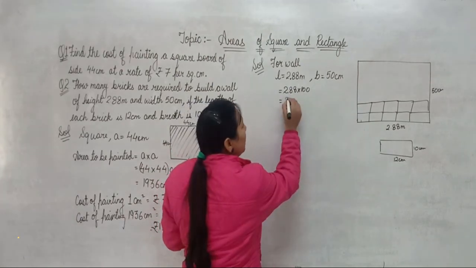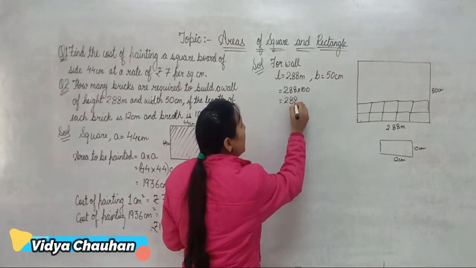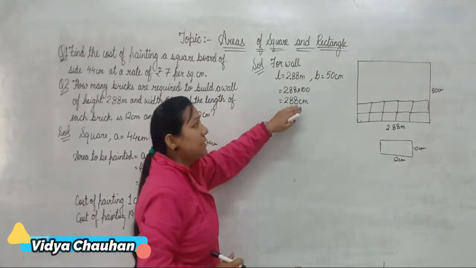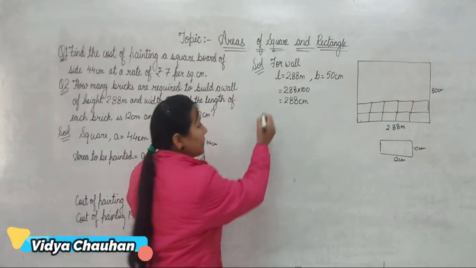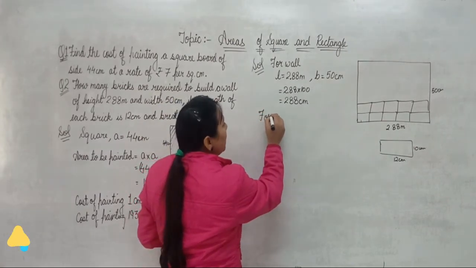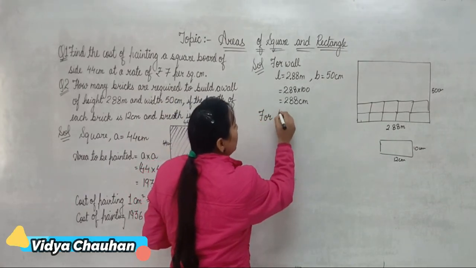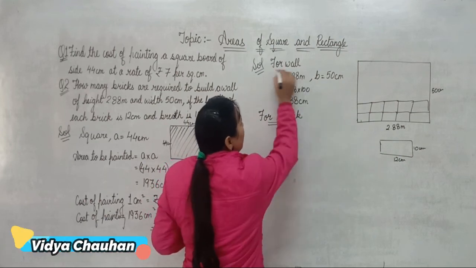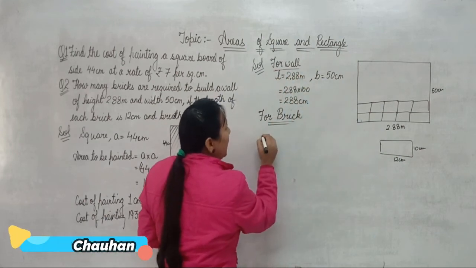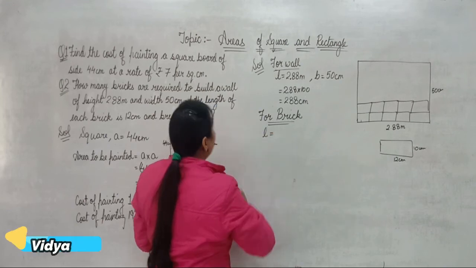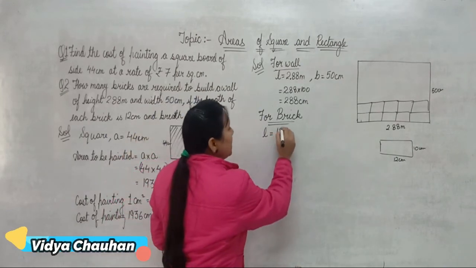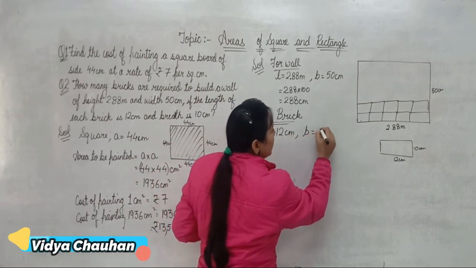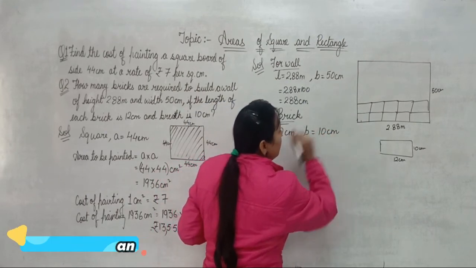Multiplying here, you will get 288 centimeter. The breadth will be the same. This is the dimension for the wall. Now I will write the dimension for the brick. For the brick, length is equal to 12 centimeter and breadth is equal to 10 centimeter.